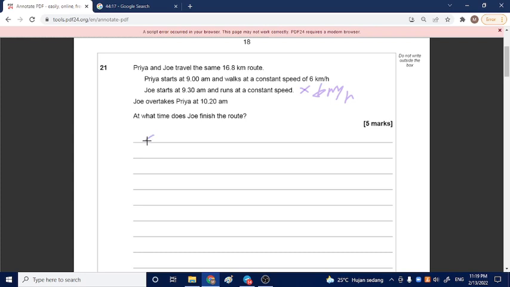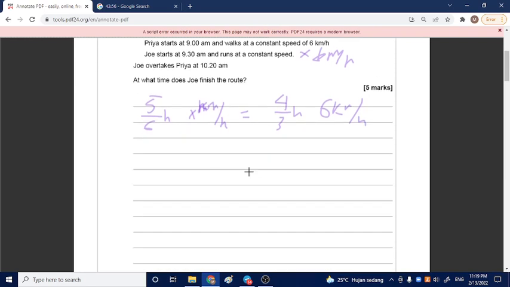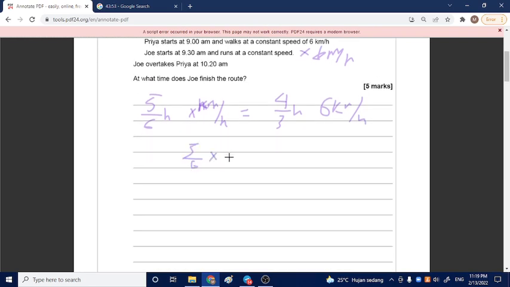In 5/6 hours, x kilometers at this speed is equal to going at 6 kilometers per hour for 4/3 hours. So 5/6 x equals 8. x is equal to 48 divided by 5, that would be 9.6.